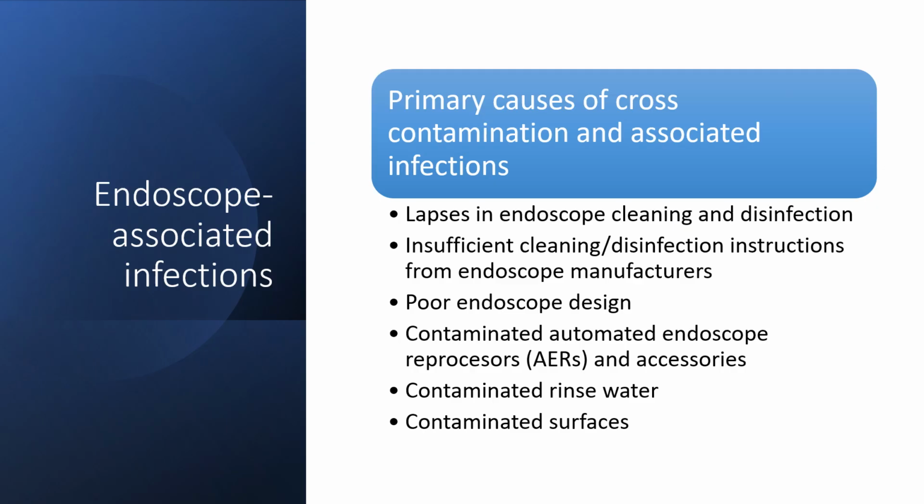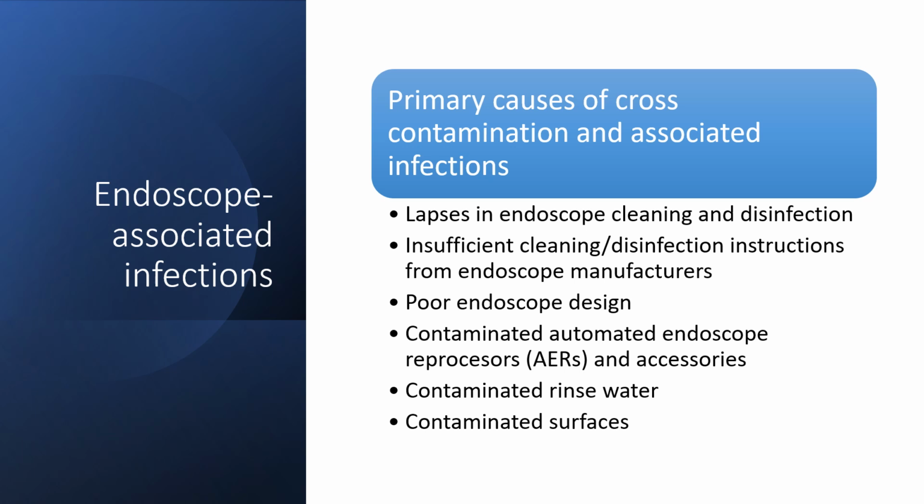So why do we have the potential for these infections? Well, a few different types of reasons. The one is lapse in endoscope cleaning and disinfection. So if you miss a step or you're not performing best practice for these type of medical devices, the potential for infection is extremely high. If you are not correctly or insufficiently cleaning and disinfecting per those manufacturers' IFUs, that is also a reason for an infection. We simply have some poor endoscope designs.